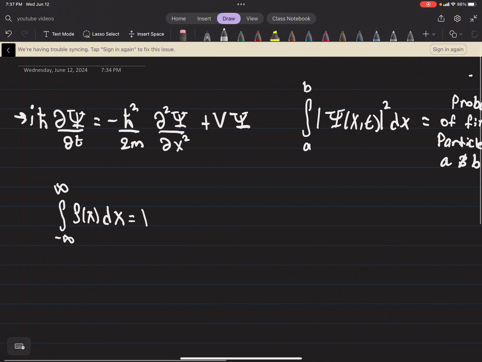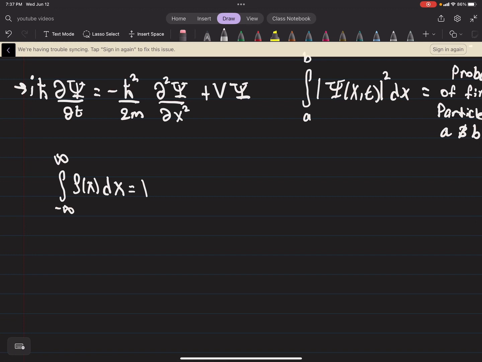And then we learned a little bit about probability in the last video, and essentially what we saw is that the sum of all your probabilities has to equal 1. There's a 100% chance that essentially something is going to happen. Well, now we can apply that to our wave function.